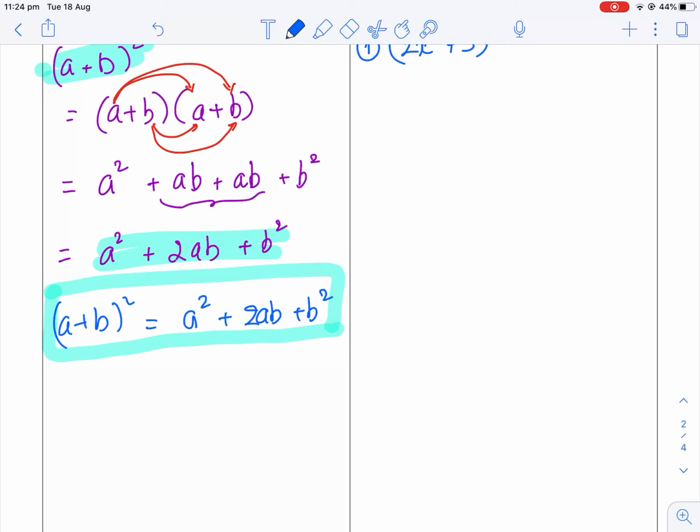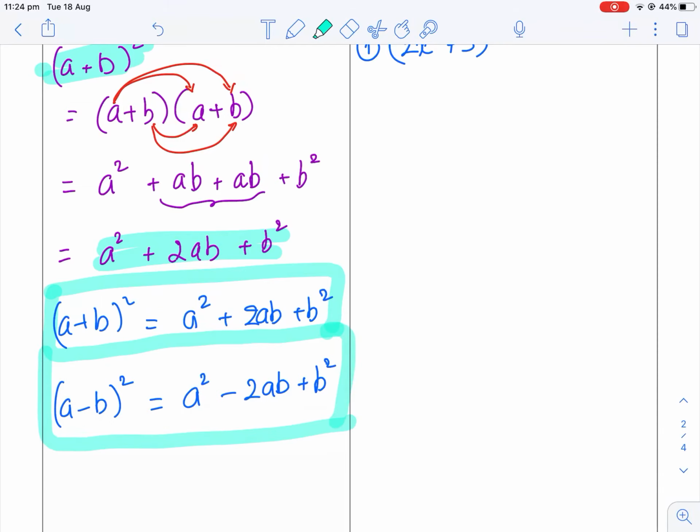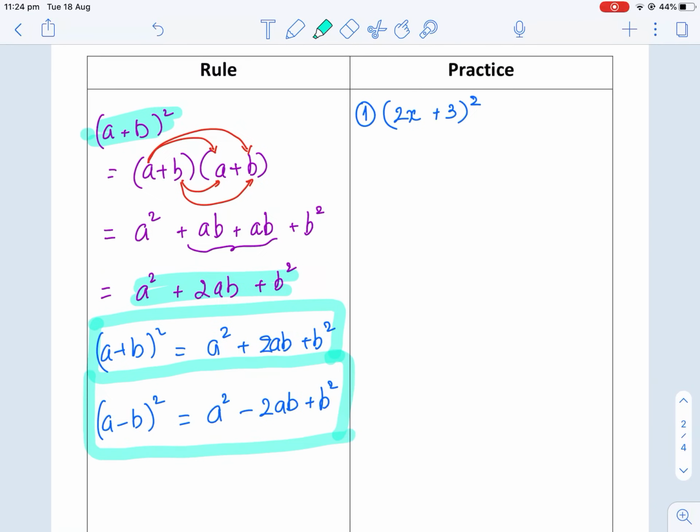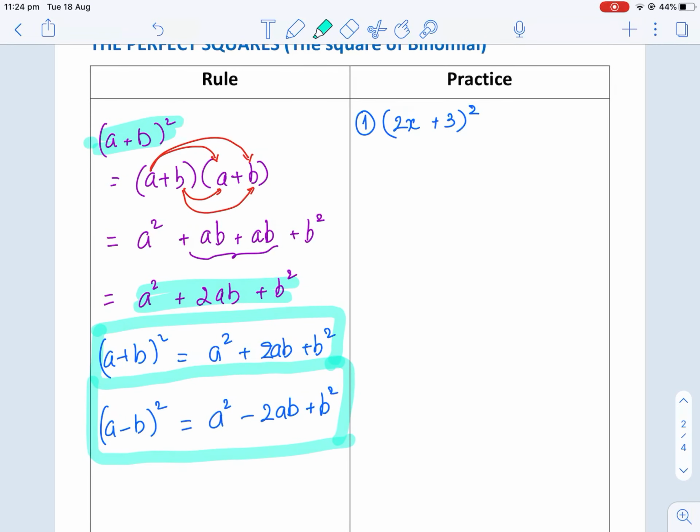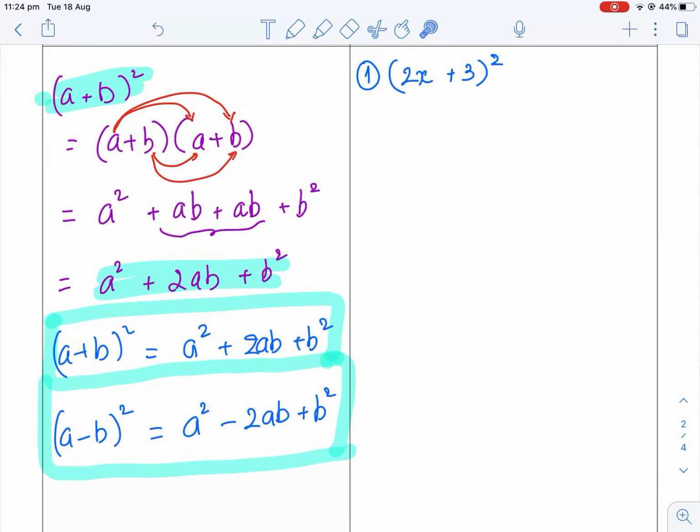And if I have the other one, a take away b squared, you do the same thing and you will have a squared take away 2ab plus b squared. You have to remember these 2 formulas. They are called perfect square.